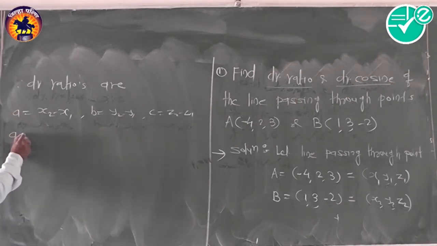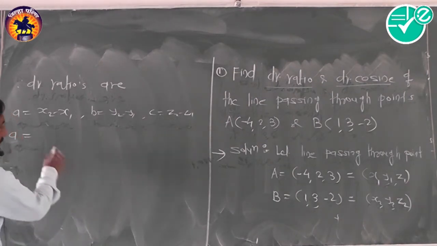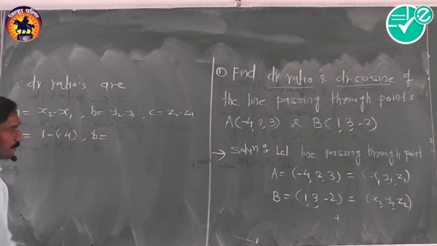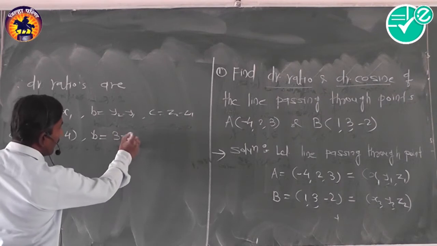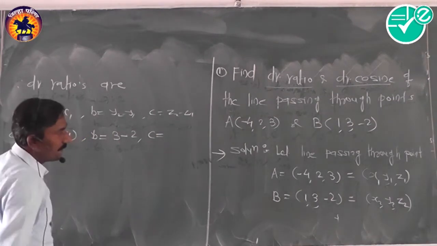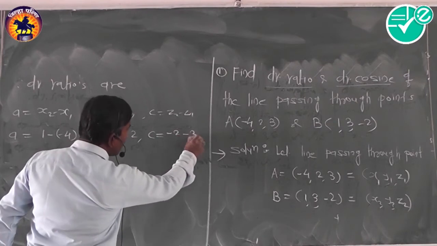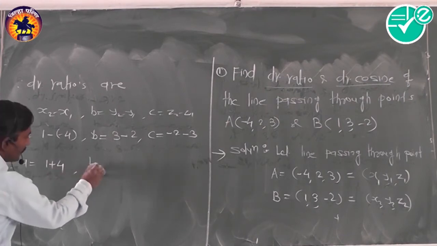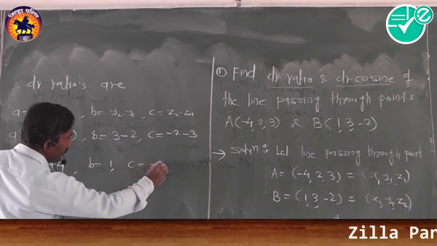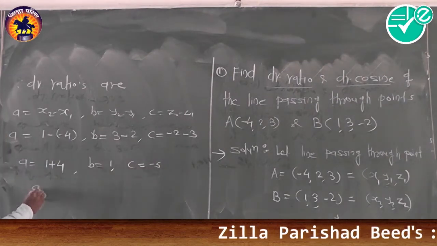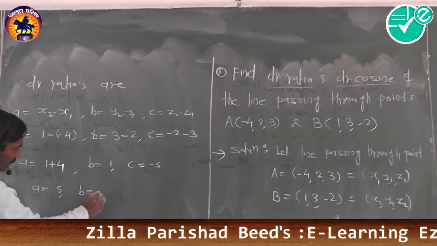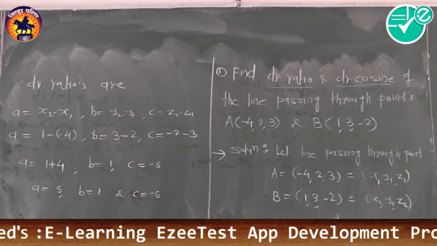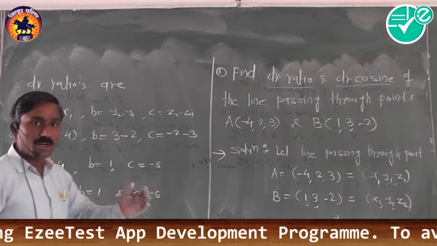So A is equal to 1 minus 4, B is 3 minus 2, C is minus 2 minus 3. So A is equal to 1 plus 4, B is equal to 1, C is equal to minus 5. Therefore A is equal to 5, B is equal to 1 and C is equal to minus 5. Those are the direction ratios of the line.